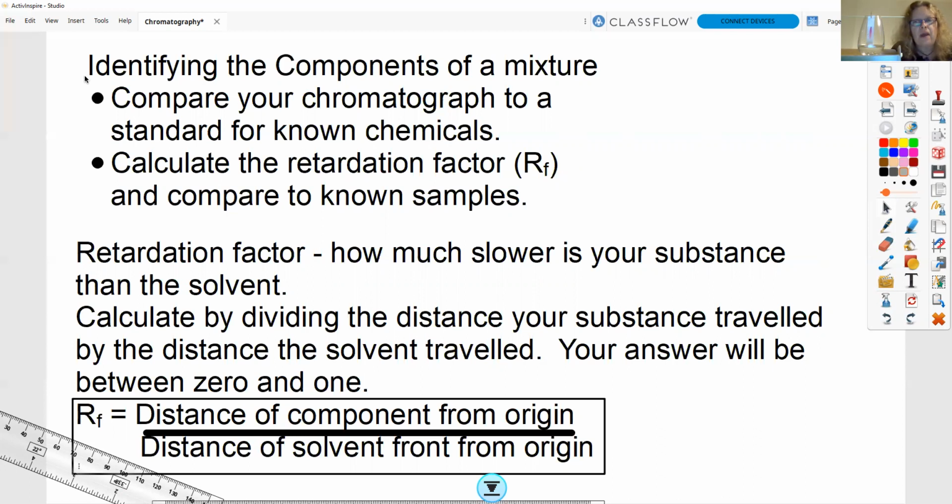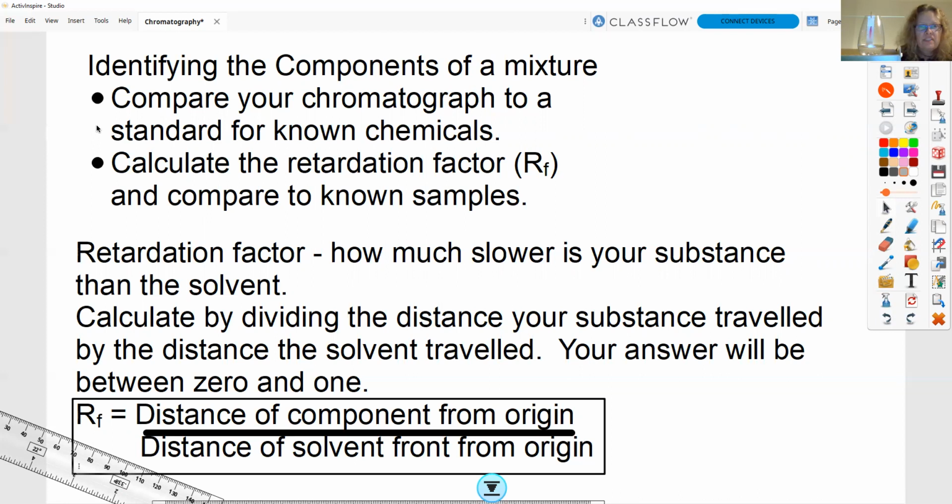And the other way, if you don't have a standard chromatogram for that particular substance, or you're using a different kind of solvent and a different kind of stationary phase, then you can use something called the retardation factor, which is about how much the paper slows the ink down, okay, as the water moves through.